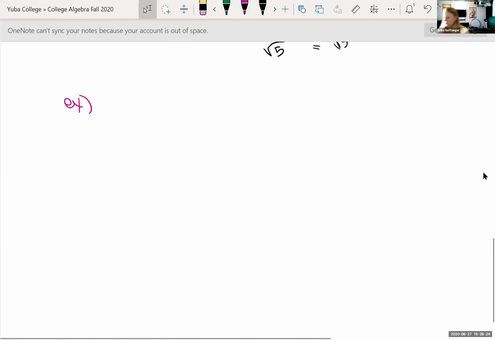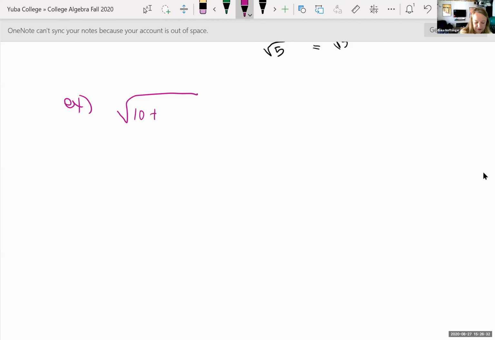So what about the square root? We have the square root of 10 plus 3 times the square root of x, and that's all underneath that one main radical. And this is equal to the square root of x. Okay, so first step is to isolate one of the radicals, again, already done for us.